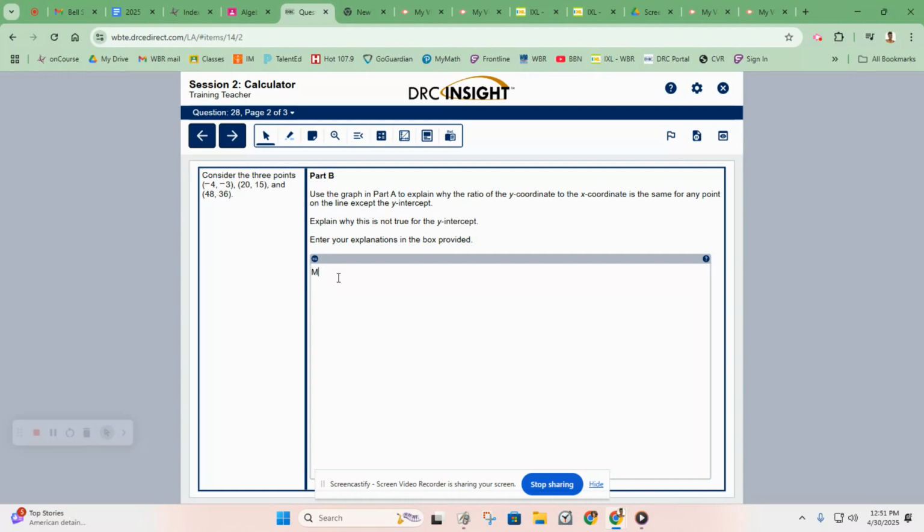So the slope of the line for the first, and don't make it capital, slope equals, I'm going to create that slope formula by saying 15, that's my y2 value, minus a -3, sorry, that should have been parentheses, 15 minus a -3 turns into +3, divided by 20, open a parenthesis, 20 minus the -4 becomes 20 plus 4.